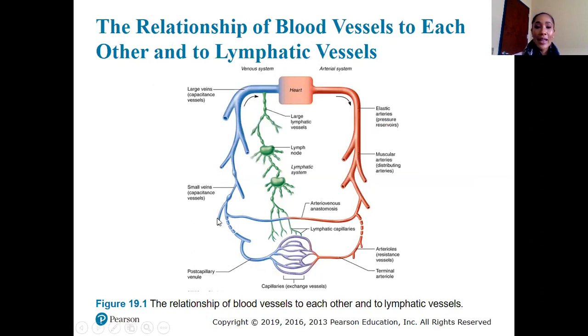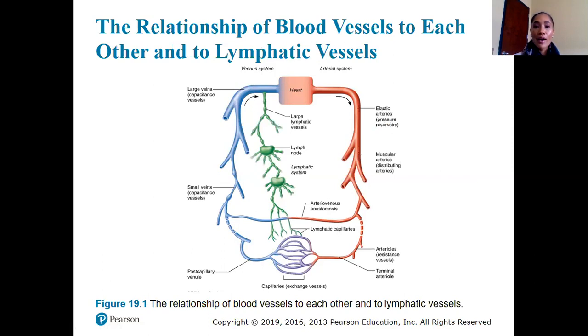And as these venules get larger, that's when we transition them into veins, from small veins to large veins back into the heart. And like we said before, in most cases, our veins are going to carry blood that is low in oxygen back to the heart so that we can pick up oxygen and recirculate oxygen-rich blood throughout the body.